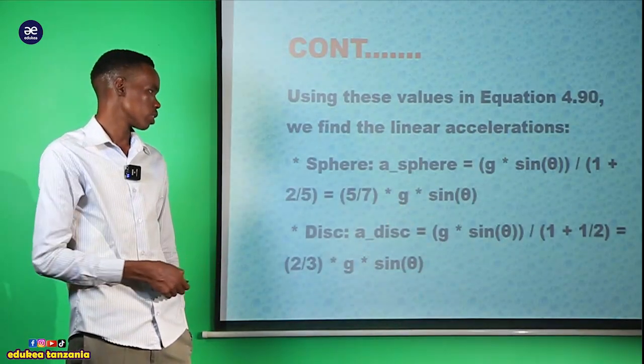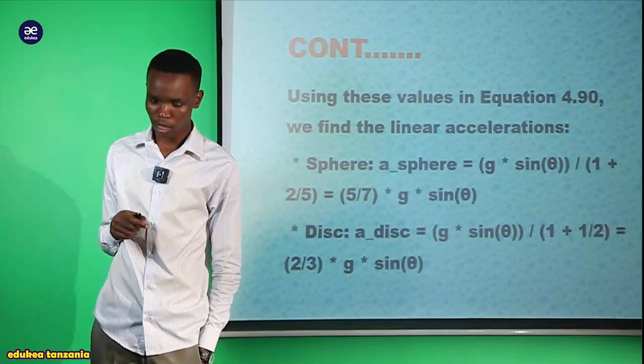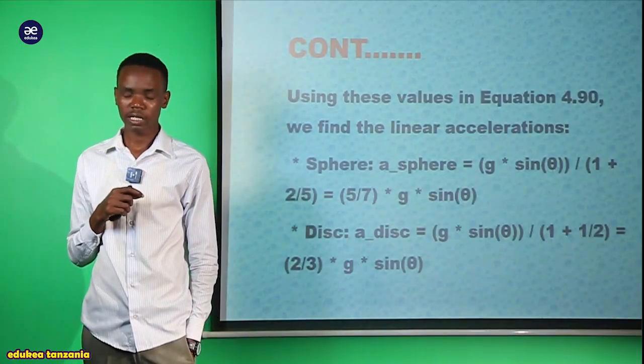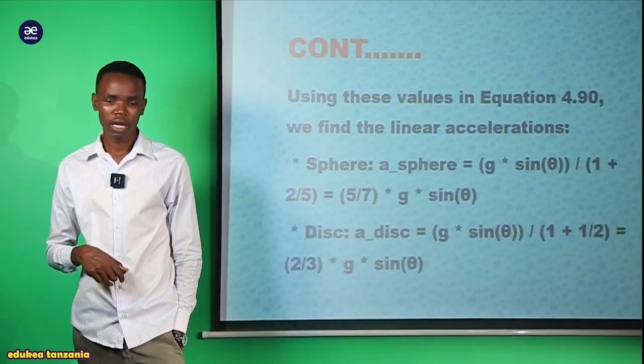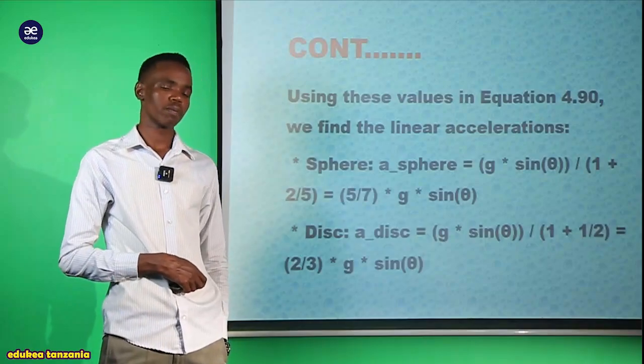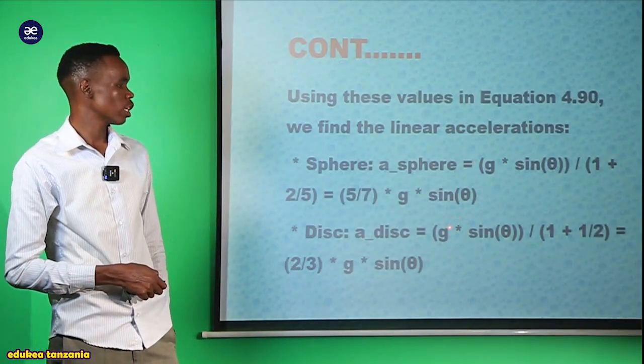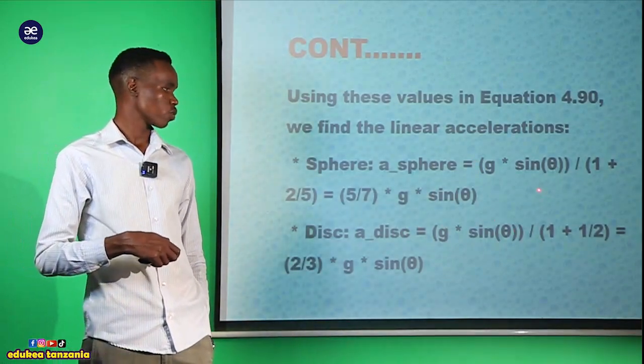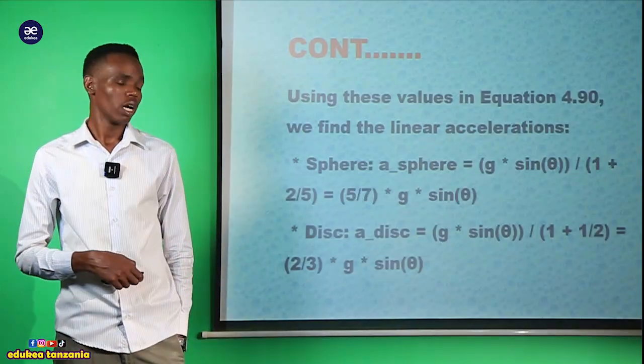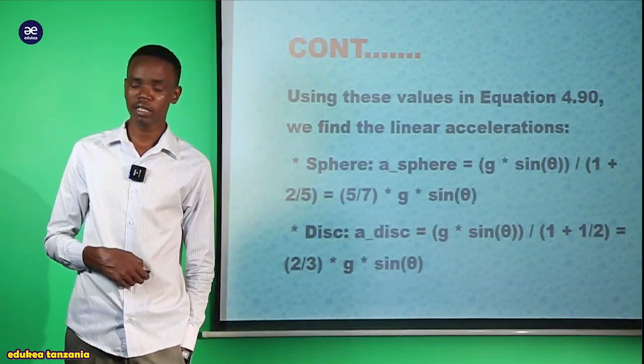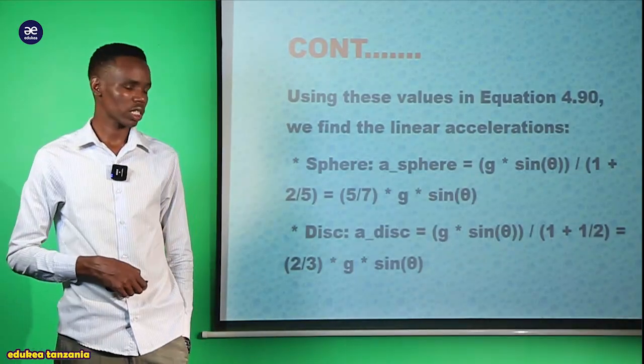Now we can substitute it as 2.5. And after substituting, my dear student, if we simplify, we get that the linear acceleration must be equal to 5 divided by 7 times g sine theta.